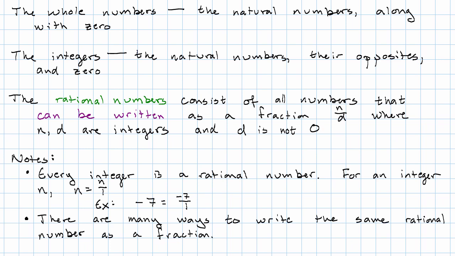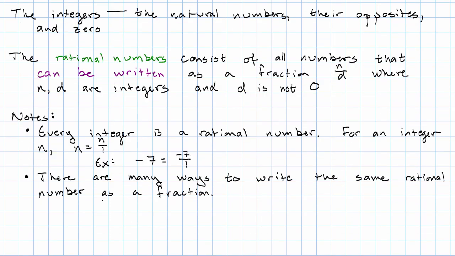So just to return to our -7 example, we can certainly write -7 as -7 over 1, but -14 divided by 2 is also -7. So -7 is also equal to the fraction -14/2.